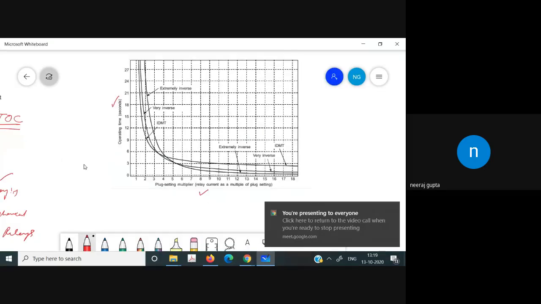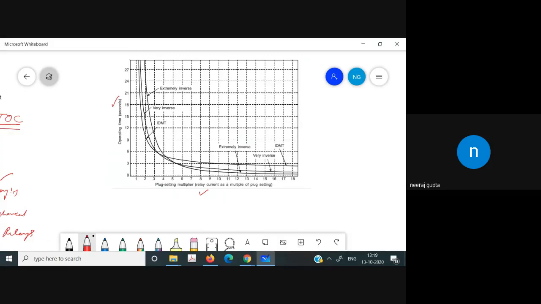First one is the IDMT relay. Now we have the very inverse time overcurrent relay, and then the characteristics of the extremely inverse overcurrent relay. So this is the time current characteristics of these different types of relays.